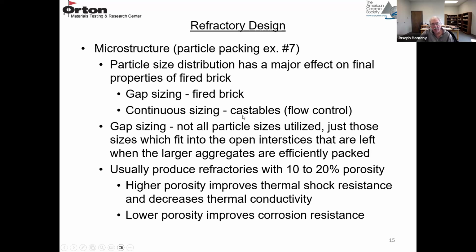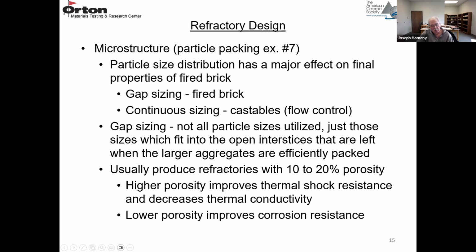The continuous sizing is for castables, where this size distribution, if it's continuous, allows for flow. So in gap sizing, not all of the particle sizes are utilized. Just the sizes that fit into the open voids or interstices that are left when a larger aggregate is packed.